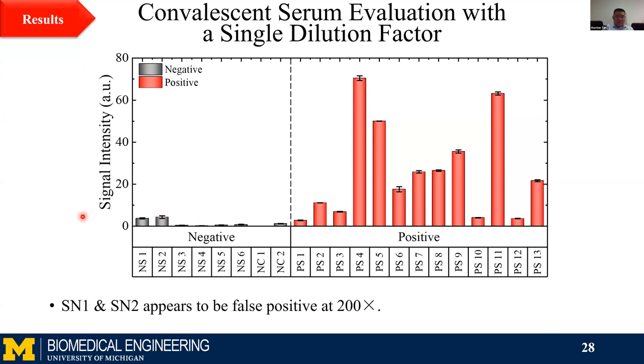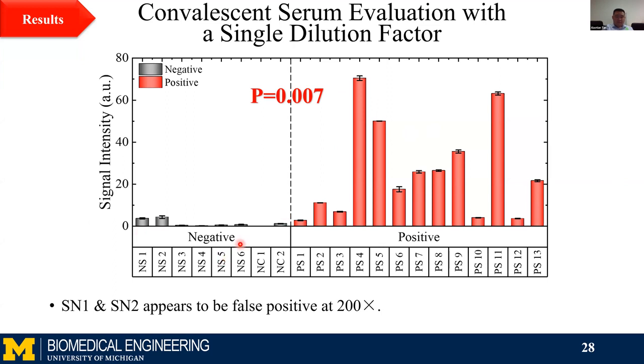But still, we can see a pretty clear difference between the 2 groups. There's definitely a statistically meaningful difference between this positive group and the negative group. As you can see here, the signal intensity varies a lot for all the positive cases, but for the negative cases, all of them are very low.